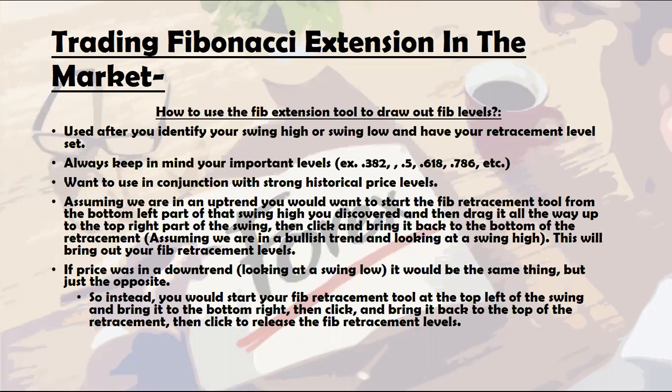So you want to use the Fibonacci extension after you use the Fibonacci retracement tool. Now always keep in mind your important levels, as I just mentioned before: 0.382, 0.5, 0.618, 0.786. You want to use them in conjunction with strong historical price levels, and I'll get to that later.